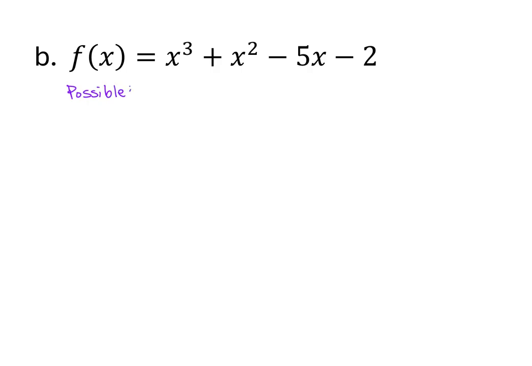We have our p is going to be the factors of 2. And so what divides into 2? We got 1 and 2. And q, we want the factors of the first one, which is just 1. And so my possibilities are just plus and minus 1 or plus and minus 2.